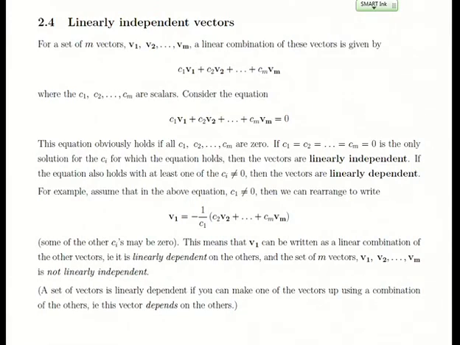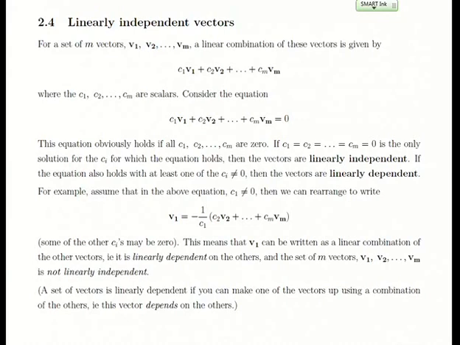Good. Now here's the thing. If that's the only set of C's that you can find, if they are the only values of C that make that equation work, then that whole bunch of vectors together as a collection are called linearly independent. And I'll tell you why. Let's say that there's a different answer where at least one of the C's is not 0.